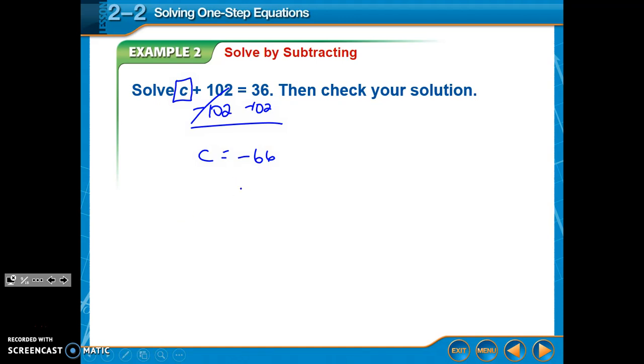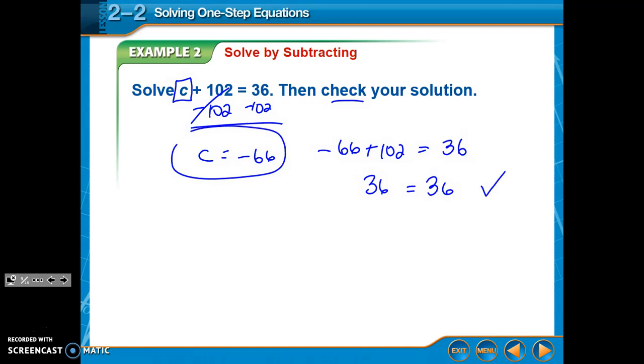So here I get c equals negative 66, and then we want to check it and make sure it works. So I'm putting in negative 66 plus 102, and I want to see if that equals 36. So negative 66 plus 102 comes out to be 36 equals 36, and we're good. So my answer is negative 66.